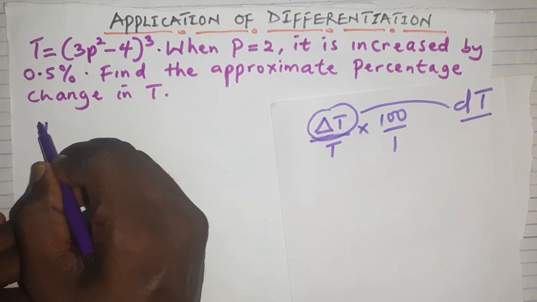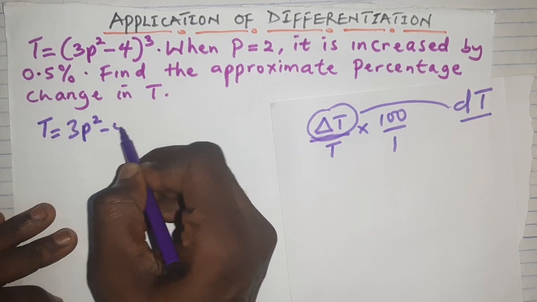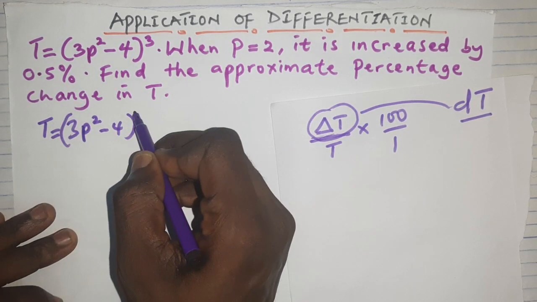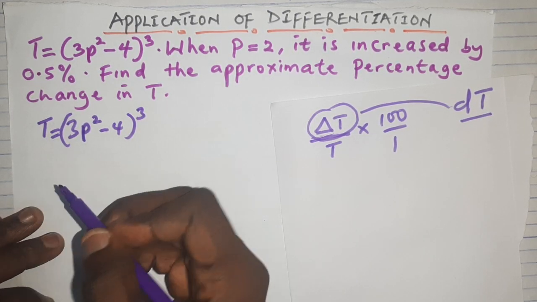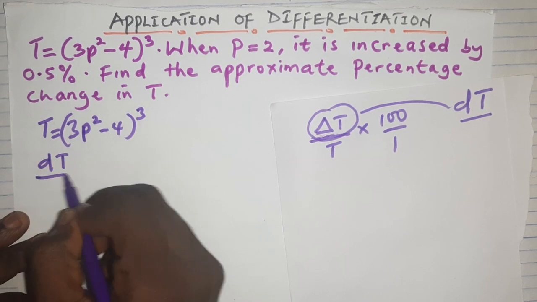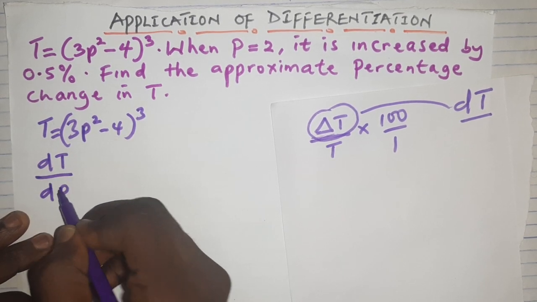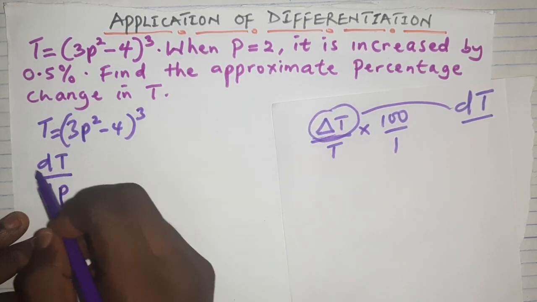So let's solve. We have t equals 3p squared minus 4, all in bracket raised to power 3. Then of course we are going to do dt dp since I'm differentiating with respect to p. Don't forget that my change in t is the same as my dt.